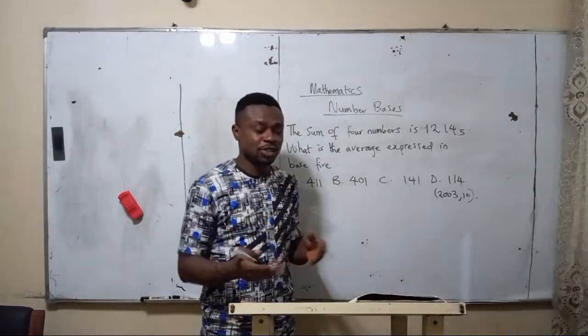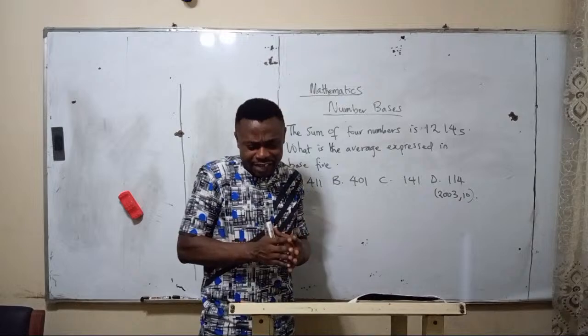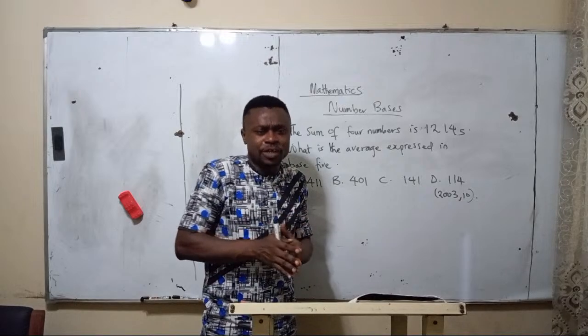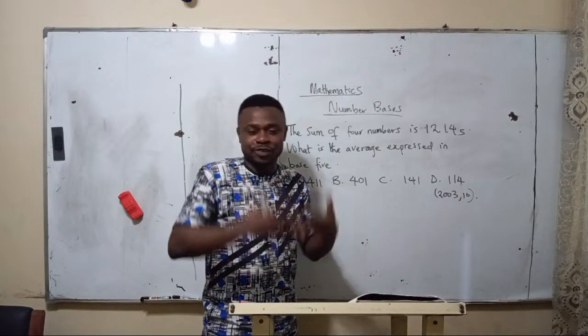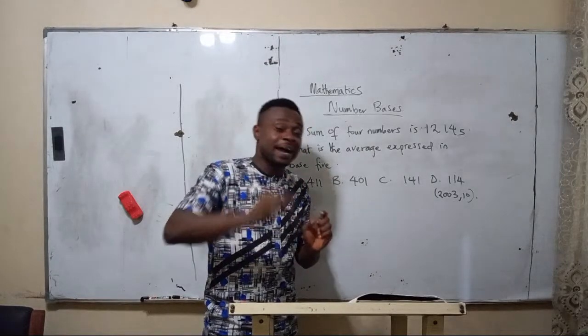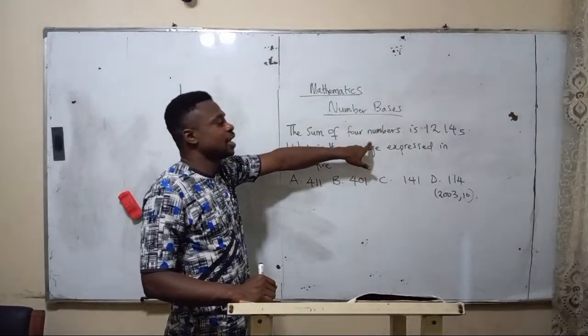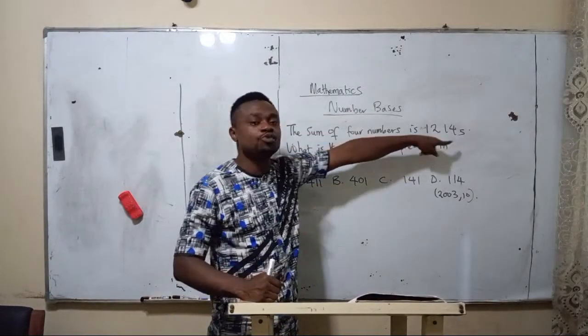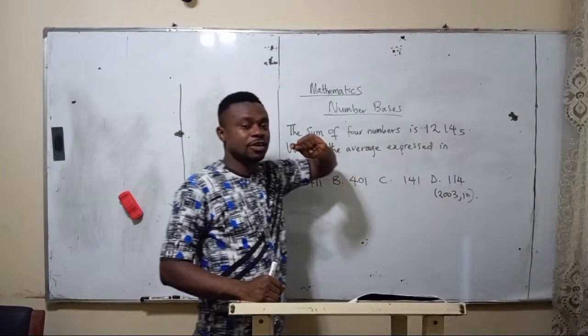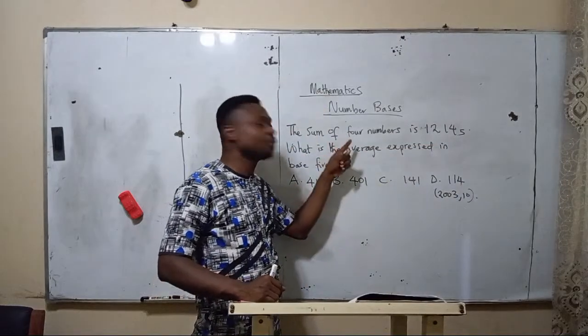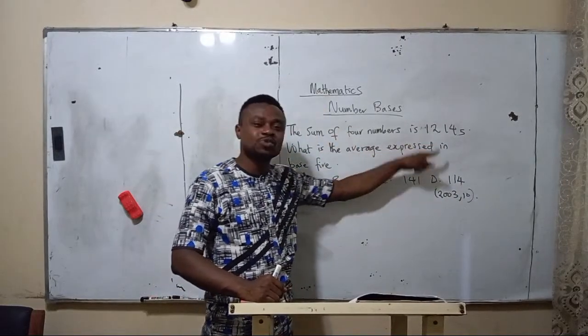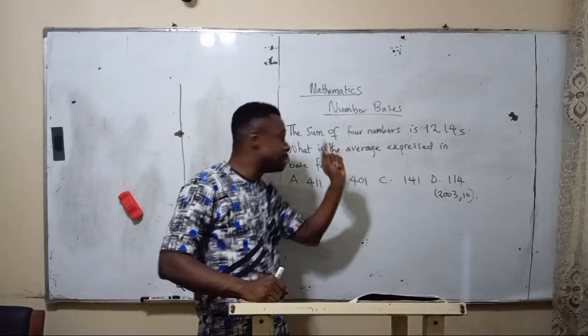So if you added 5 numbers together, you divide the sum by 5. In this case there are 4 numbers here and their sum is 1214 to base 5. So to get the average of these 4 numbers, we divide 1214 to base 5 by 4.